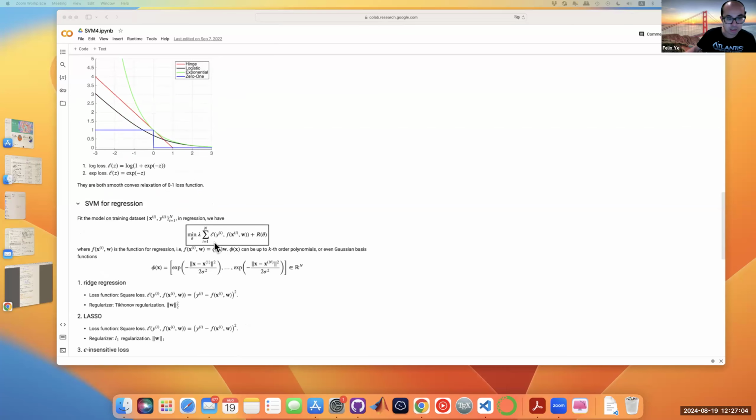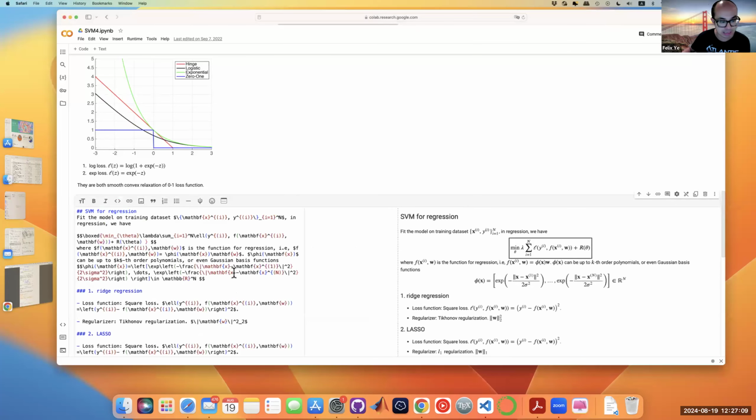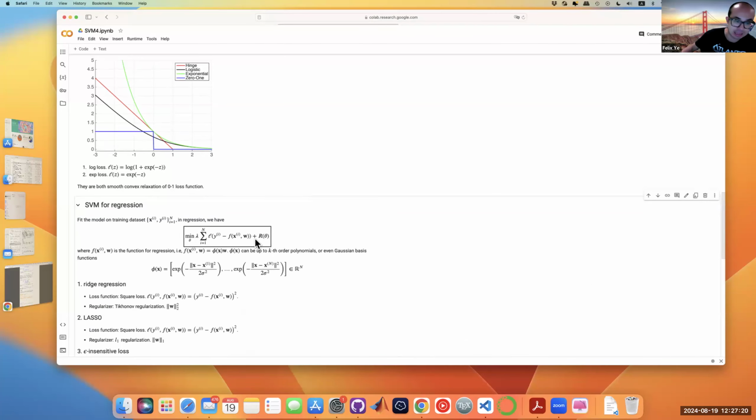But in regression, to be more precise, what you should put here is y minus f(x_i). This is basically the residue.